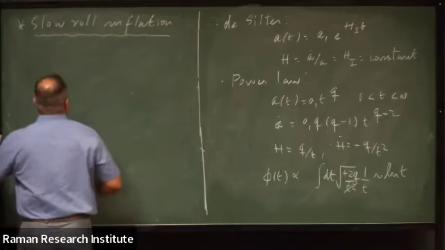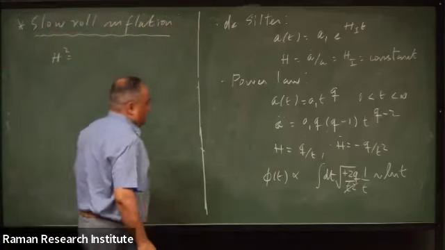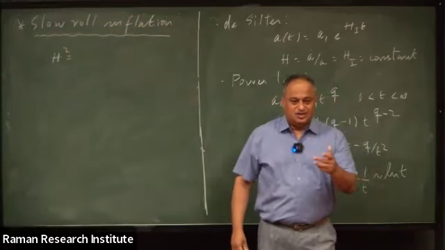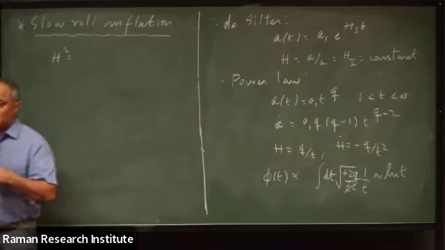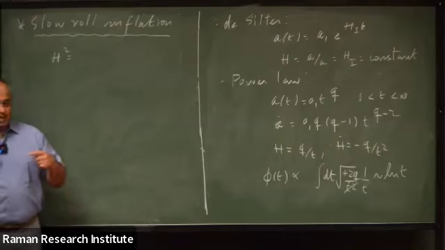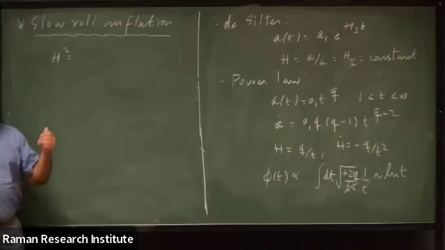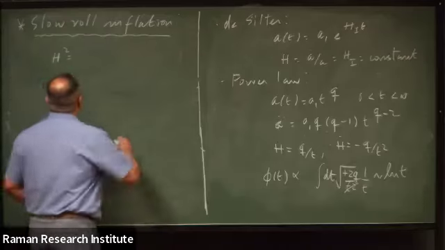So what do we have? We have these three equations. Remember, there are always three equations, the two Friedmann equations and the energy conservation equation, which is equivalent to the equation of motion for the scalar field. Now we have used the two Friedmann equations. Now instead, we will use the first Friedmann equation and the equation of motion for the scalar field.